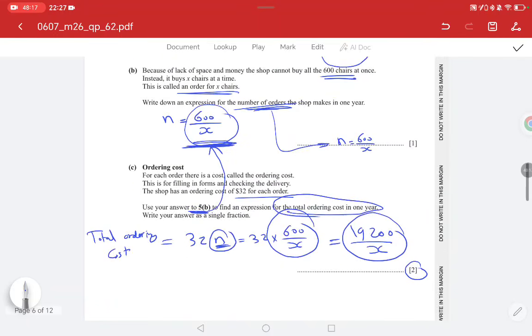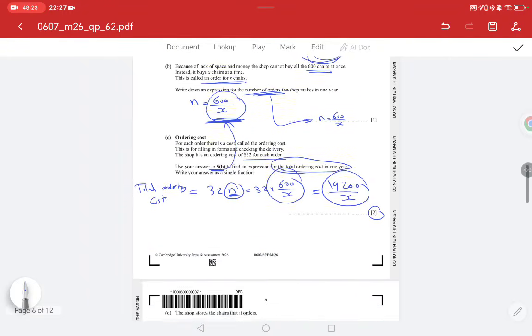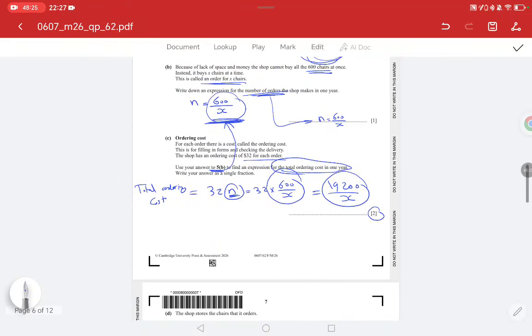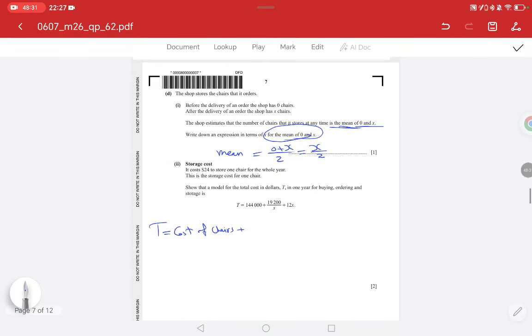So this is the cost of chairs itself, and then we have also another cost. This is the ordering cost. It's this one. So the ordering cost is exactly the same, nothing we will do here.